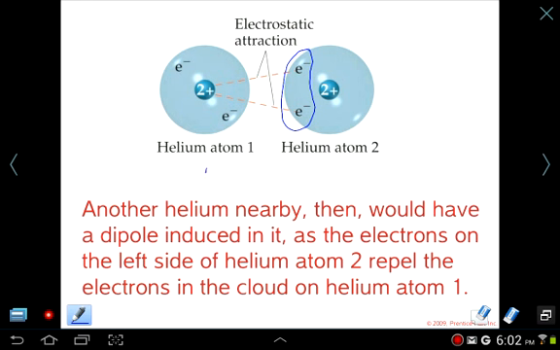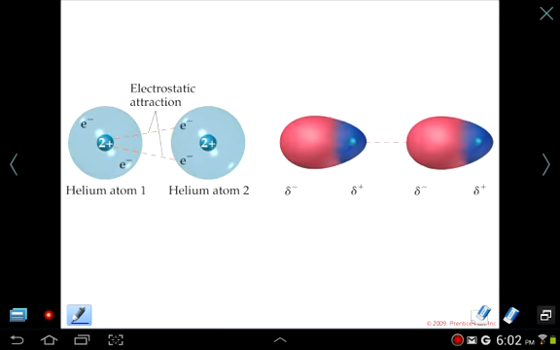So the second helium atom will get the same picture. These electrons will arrange themselves on the opposite sides of the atom, and you get an arrangement like this. Now both atoms of helium have the same picture, with a positive and a negative side on both of them. And now an attraction forms between them, is the idea.